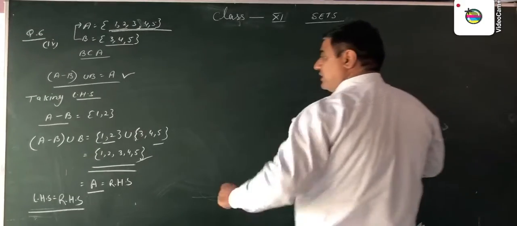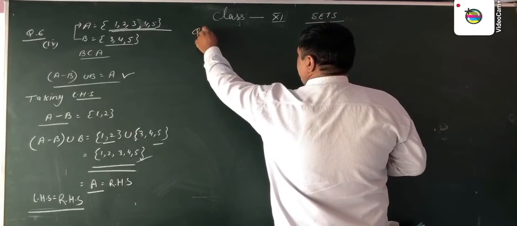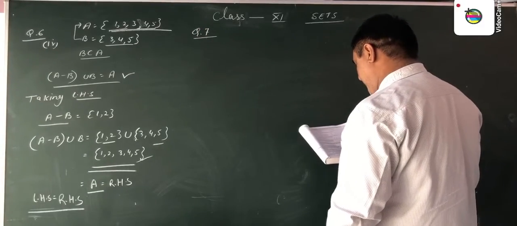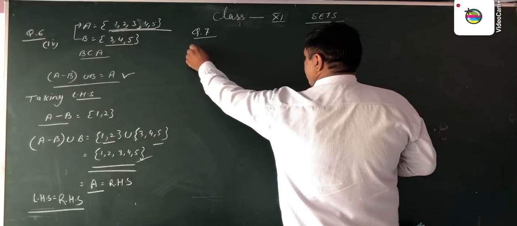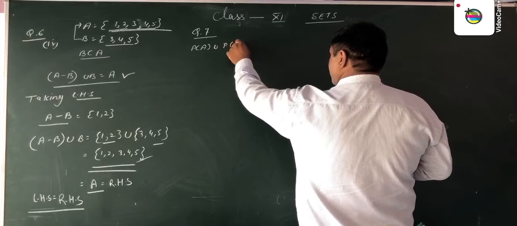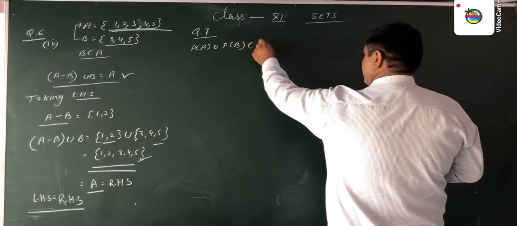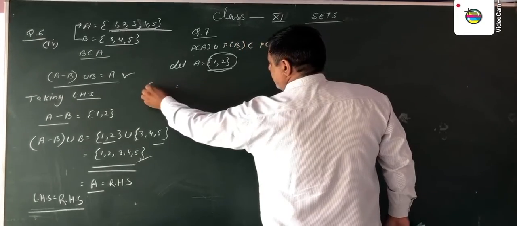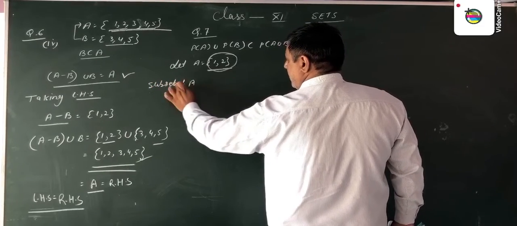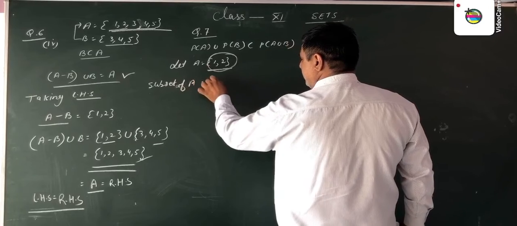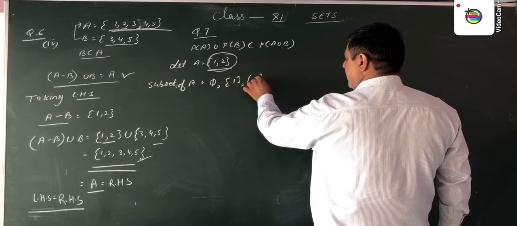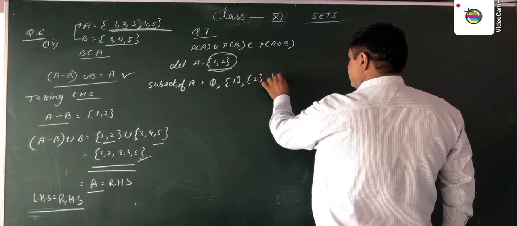In question number 7, we discuss that for any two sets A and B, the power set of A union the power set of B is a subset of the power set of A union B. All subsets of A: the first is the empty set, after this we write {1}, {2} separately, then itself {1, 2}.